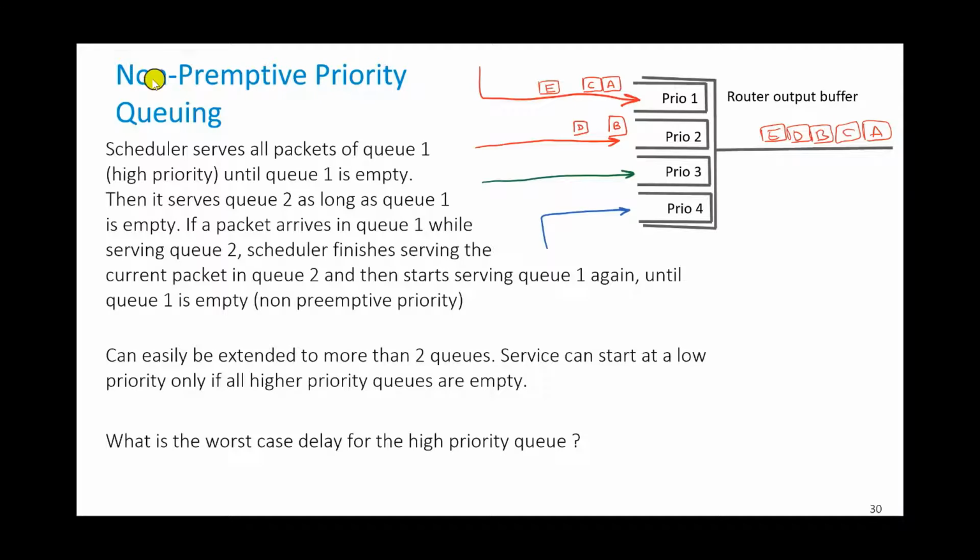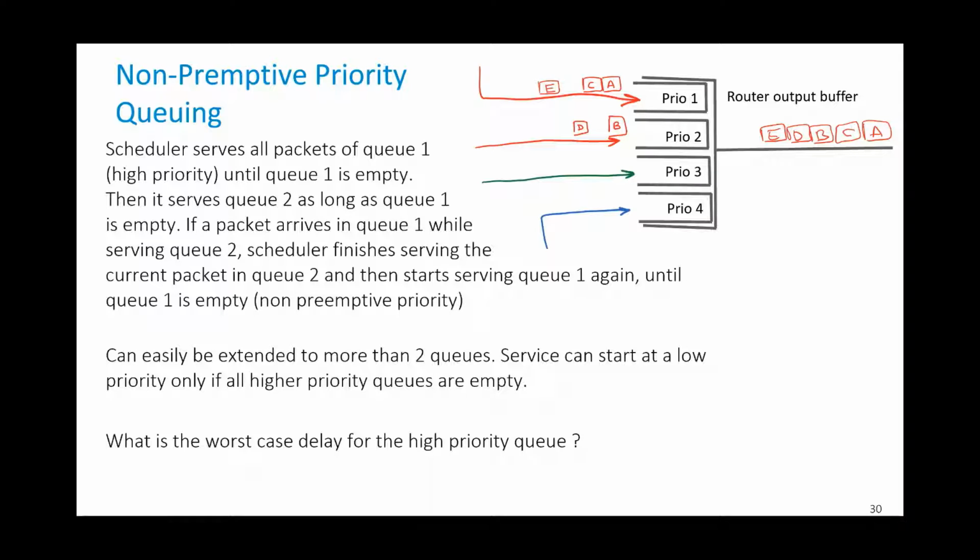Preemption has to do with what we do when a higher priority packet arrives and there is a low priority packet that is being served. Do you interrupt the low priority packet or not? If you interrupt it, we say it's preemptive. If we don't interrupt it, we say it's non-preemptive.